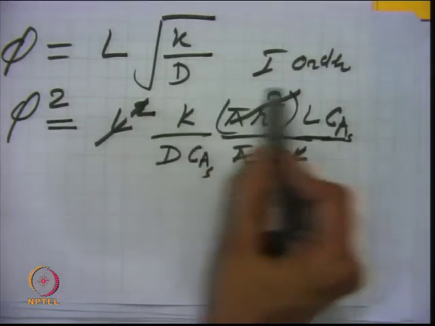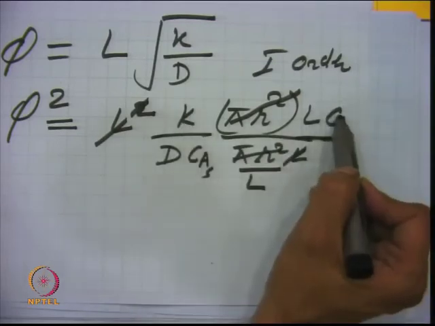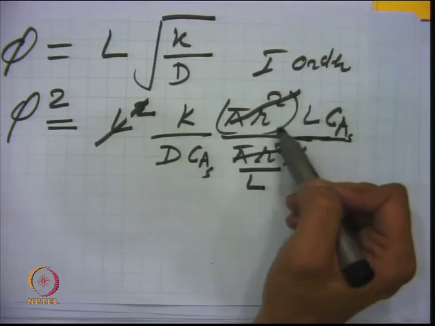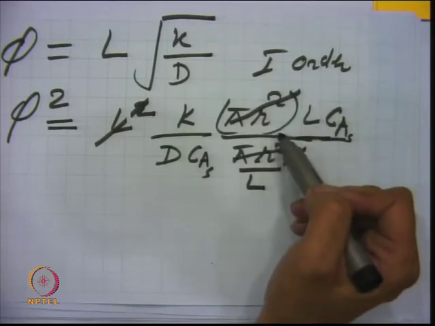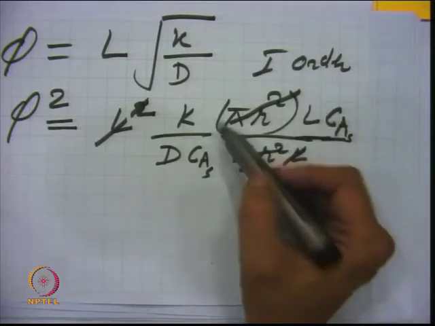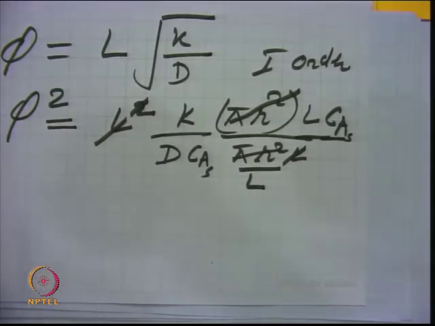This is your kinetic rate, which is k times C A, and I multiplied the terms which is pi r square L. So, total rate, pi r square into L is the volume of the pore, and k into C A S is the concentration at the surface. So, that is basically representing the rate of reaction, a kinetic rate.